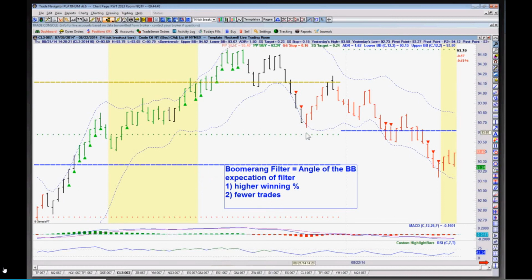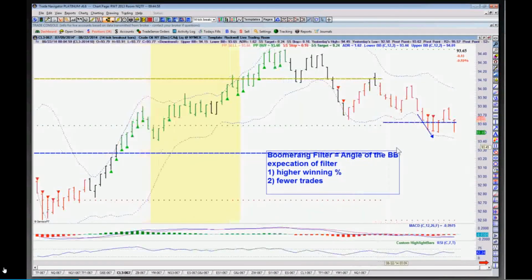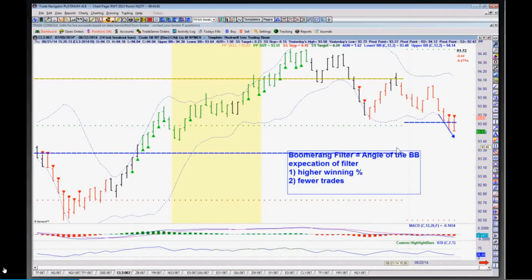Now, what do I mean by the angle of the slope? Well, if we look at this move, this happened pre-market, but you see that the lower Bollinger Band here, when the trend really started, the lower Bollinger Band slope is angling down at a 45-degree angle or lower. So that's a pretty nice slope, and that's visually what I'm looking for when I'm looking at a simple strategy entry.